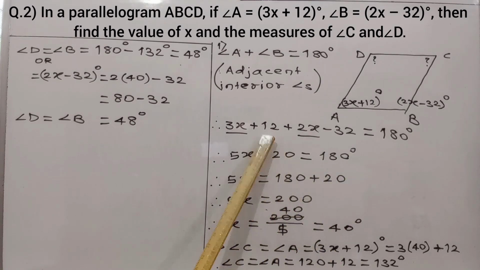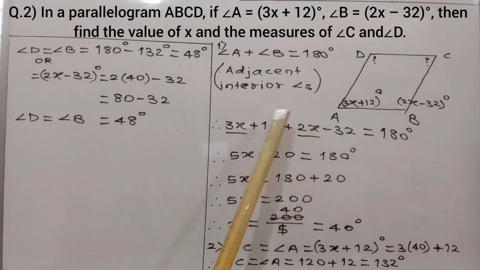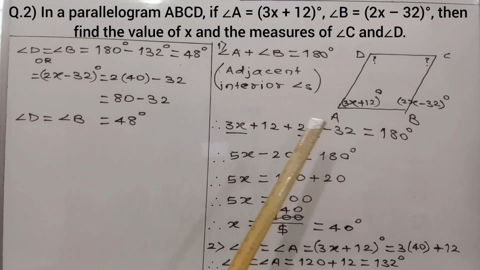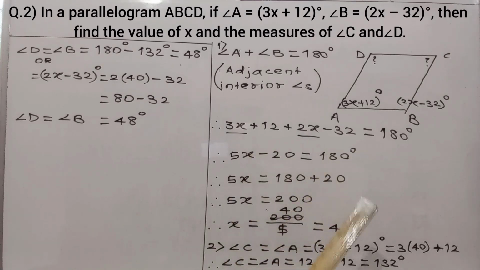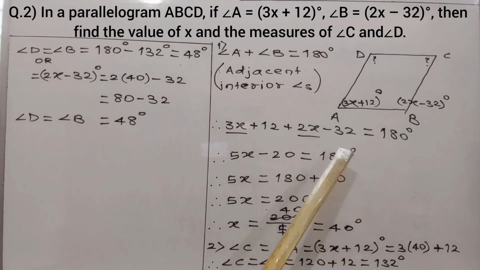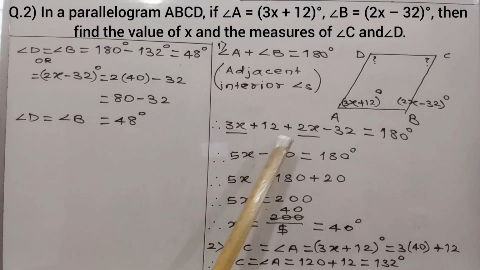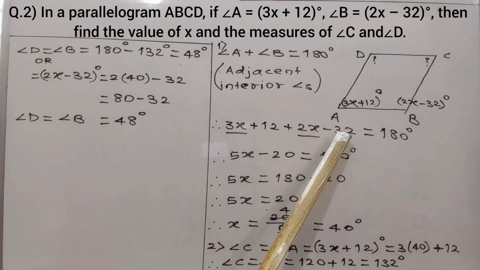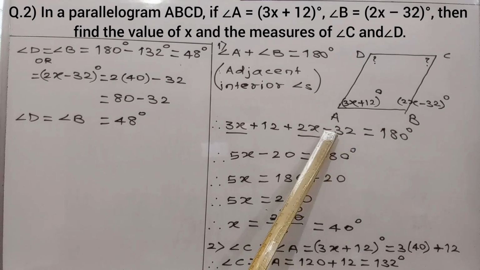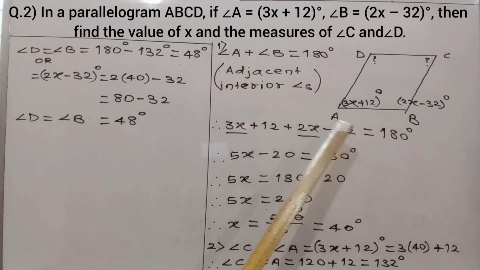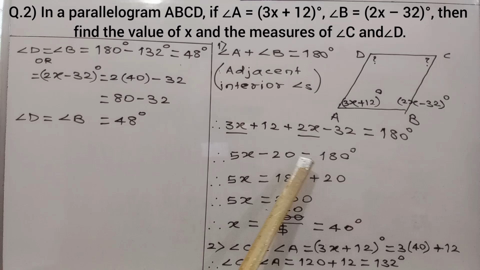In 12 and 32, forget signs. When we compare them, 32 is a bigger number. So we put the sign of the bigger number, that is minus, and then subtraction: 32 minus 12, 20. So 5x minus 20 is equal to 180 degrees.